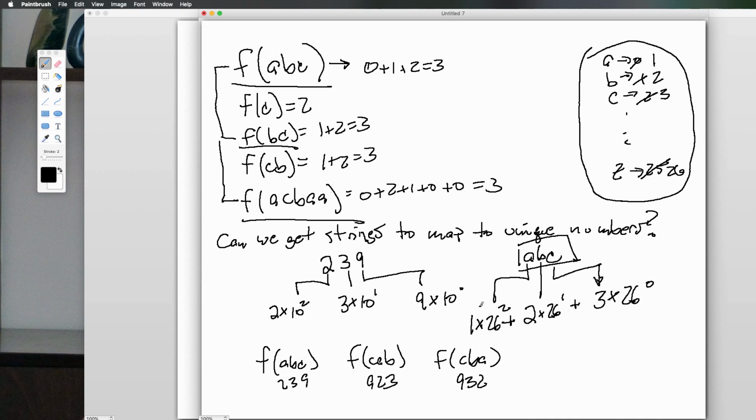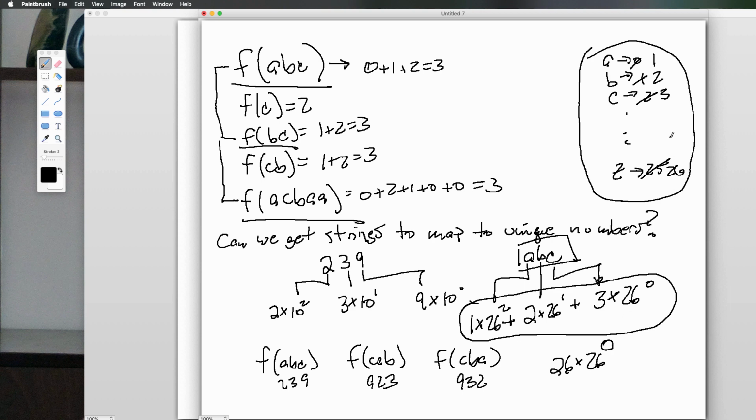So when I use this mapping over here, okay, I am now mapping these things to unique numbers. Now, what's a little bit bothersome is what if there was a z in there? If there was a z, I would be having 26 times 26 to some power over here, which in essence raises this up to an even higher power.